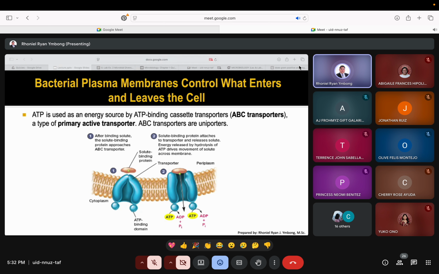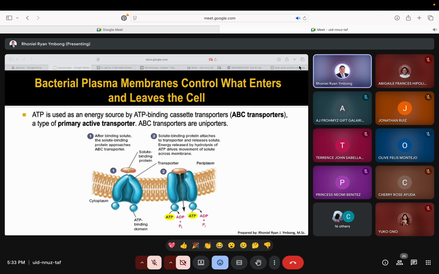So here in your primary active transport, these are the active transport that usually associates with transporters that are uniporter.